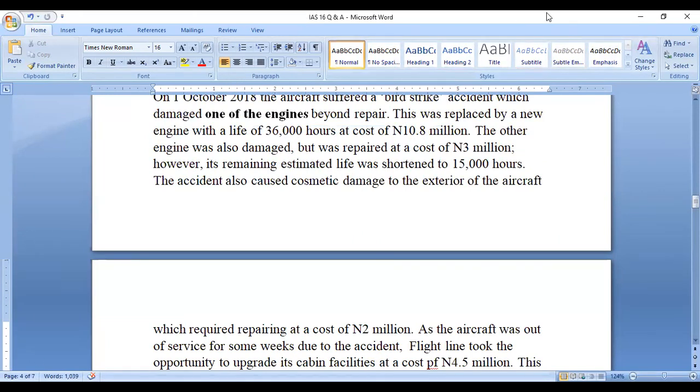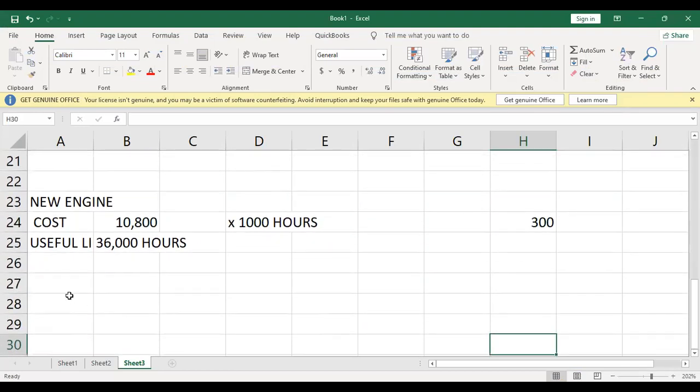So for the damaged engine, what's going to be the cost of the asset that we're going to find the depreciation for? What's the carrying value of the asset as at this date? 6 million. Yes, that's 6 million. Good. Thank you very much, sir.